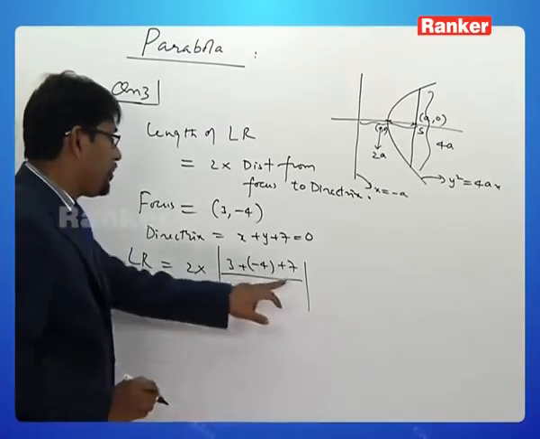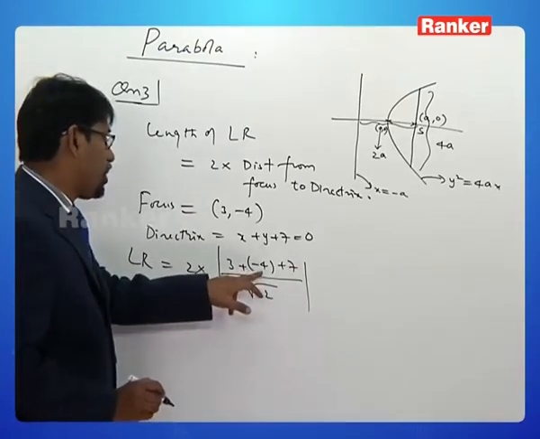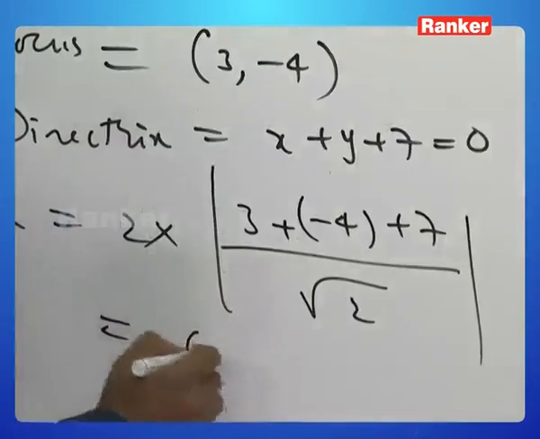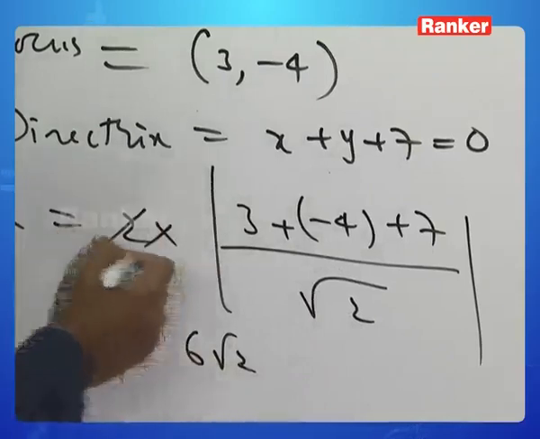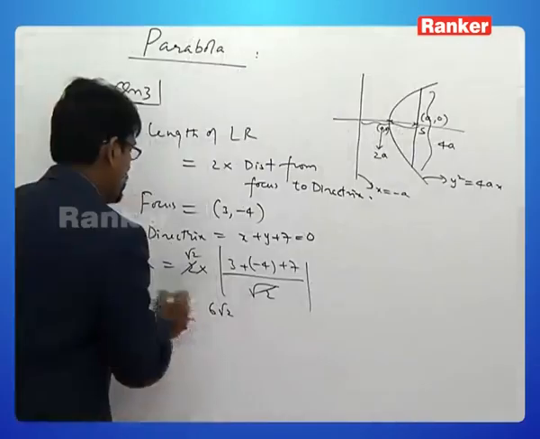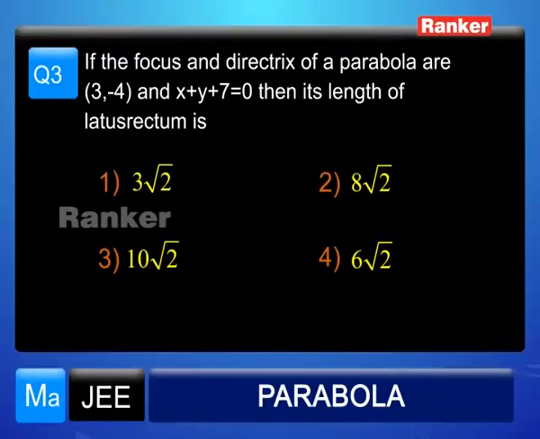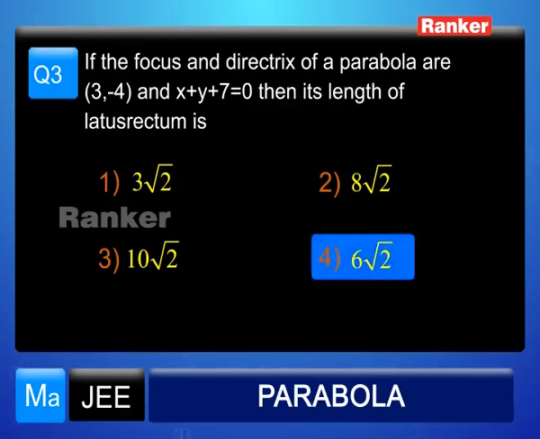So what are you getting here? 7 minus 4, 3, 3 plus 3, 6, so 6 by root 2. This 2 by root 2 will make it root 2, and we have 6 root 2. So length of the latus rectum is 6 root 2, and that is clearly appearing in option 4. Option 4 is the right answer.